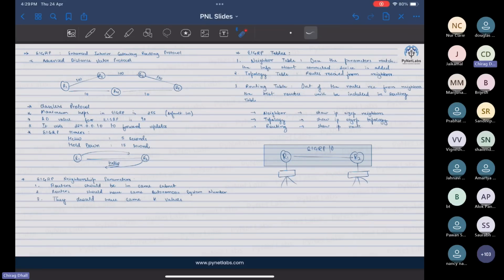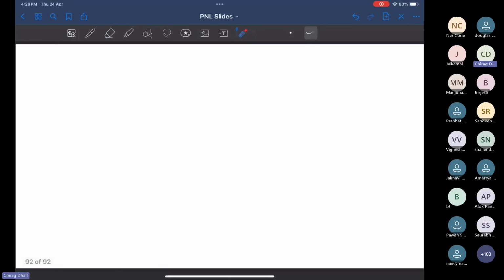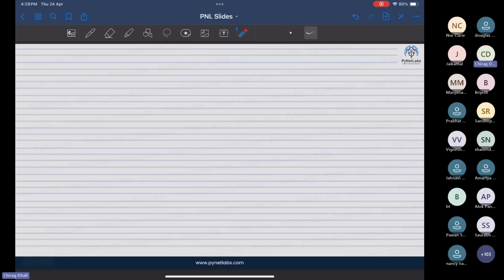So before we get on to understanding the metric calculation formula, I want to tell you all that no one of you will be questioned about writing this formula or calculating metric manually by yourself. This is just being discussed for our own understanding. You just need to understand it, nothing else.